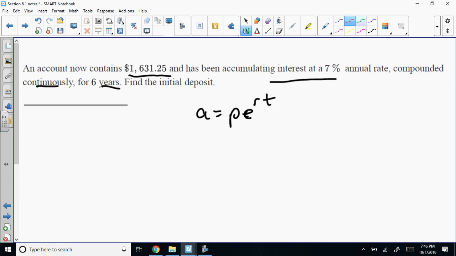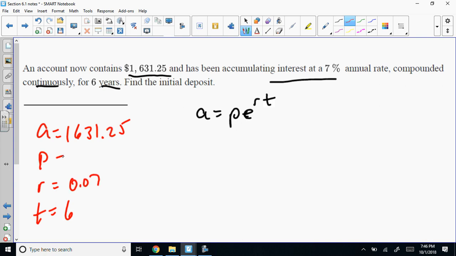So they've given us the ending amount, the rate, and the time. They want to know how much we start with. You go, well, I'll just keep punching numbers in until I get there. No, there's an easier way to do it.